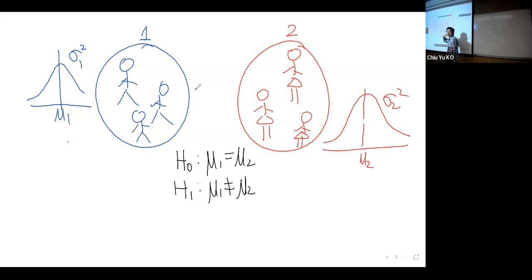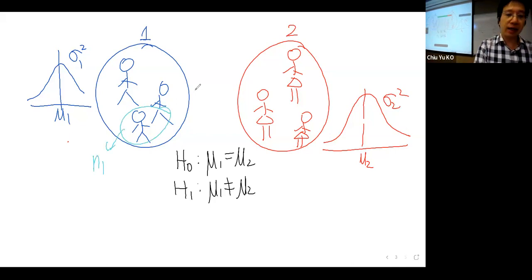Okay. So how do we test this hypothesis? We collect some boys, calculate the mean, collect some girls, calculate the mean, and take the difference. So in the example we have here, we just draw some boys. How many boys we got is called N1.